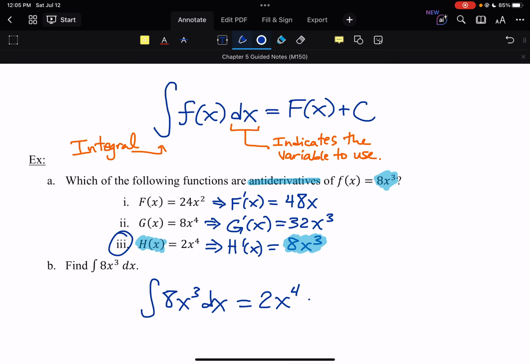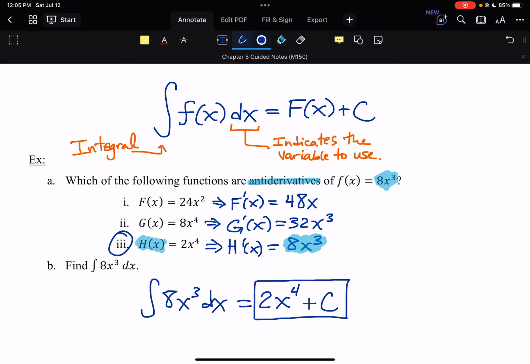And then we include that plus c. Again, that's for the general antiderivative term. We're looking at that uncertainty of whether there could have been a constant there or not.